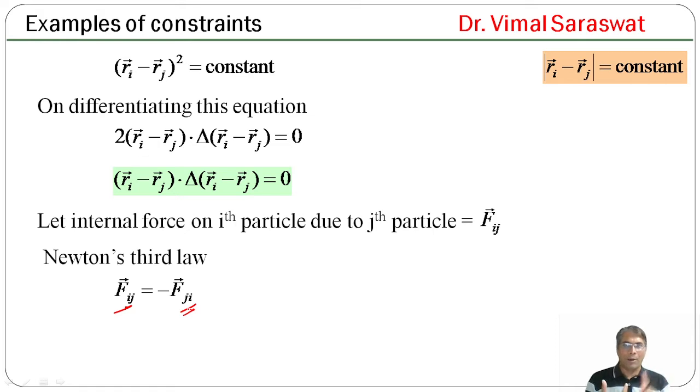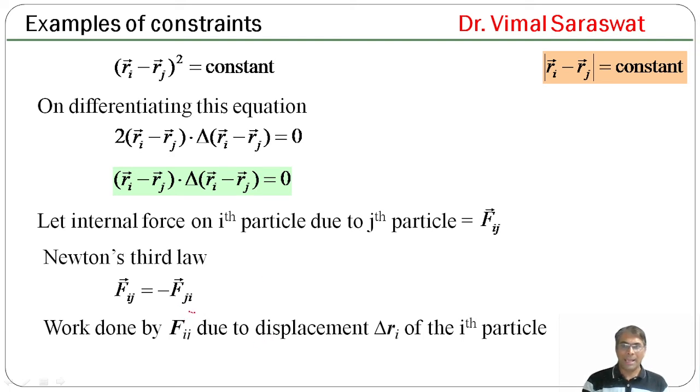So, the amount of force applied by jth particle on ith particle will be equal and opposite to the force applied by ith particle on jth particle. So, Fij is equal to minus Fji.